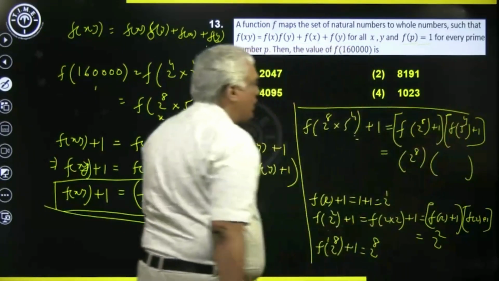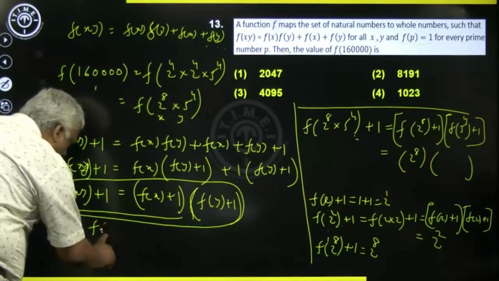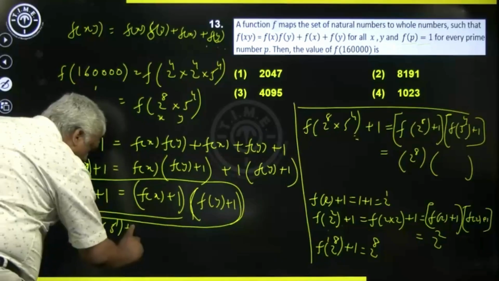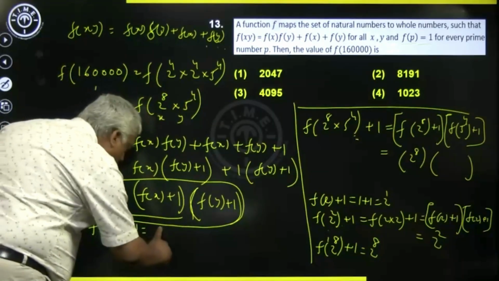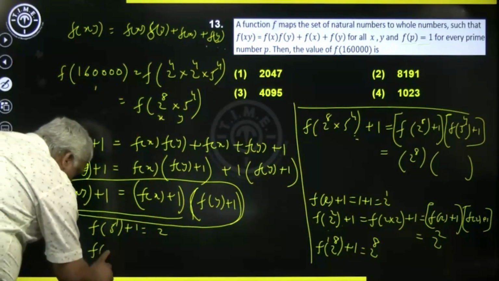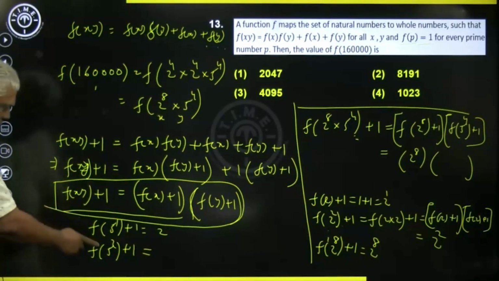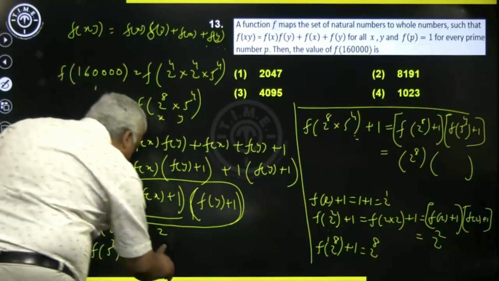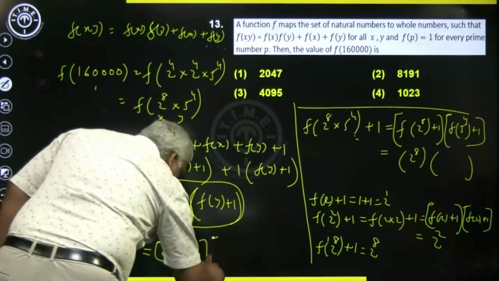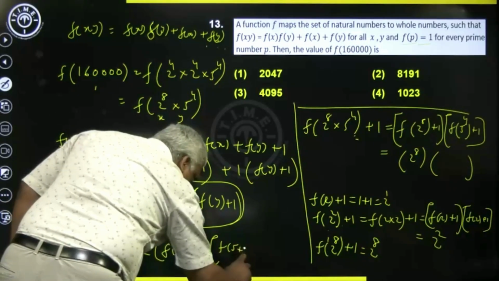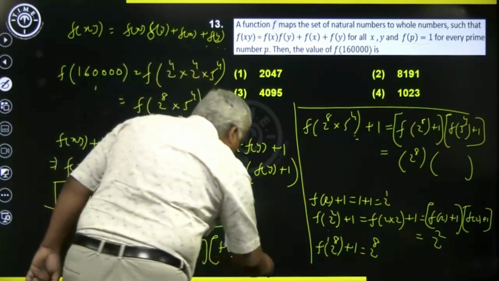Now, let me find the second one. See, f of 5 to the power 1 plus 1: 5 is a prime number, so f(5) is 1, so it will be 1 plus 1, 2. For f of 5 square plus 1, 5 square is 5 into 5, so it will be f of 5 plus 1 into f of 5 plus 1. f(5) is 1, so it is 2 into 2, 2 square.